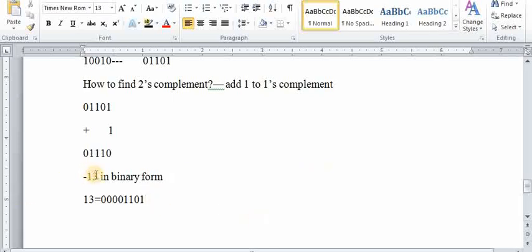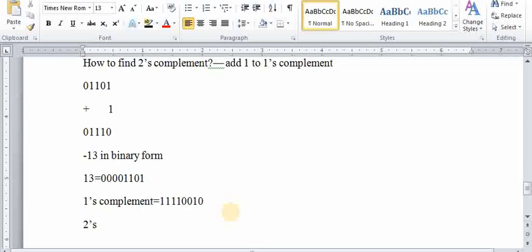Now I want minus 13, so you have to find the one's complement. The way is to invert all the digits. It will be 1 1 1 1 0 0 1 0. That's the one's complement, and then you have to find the two's complement.